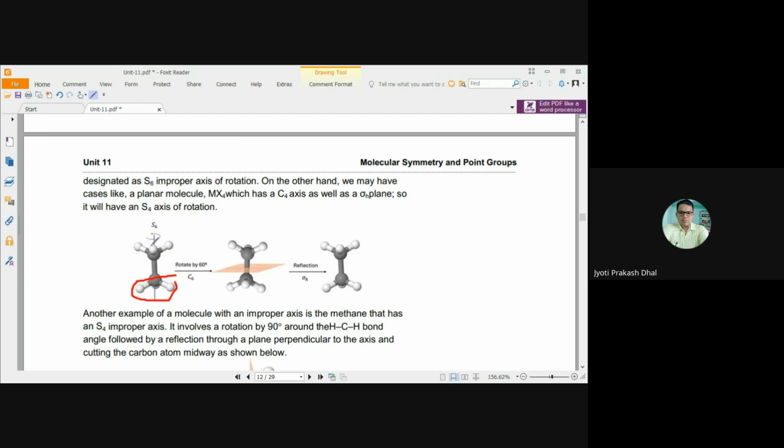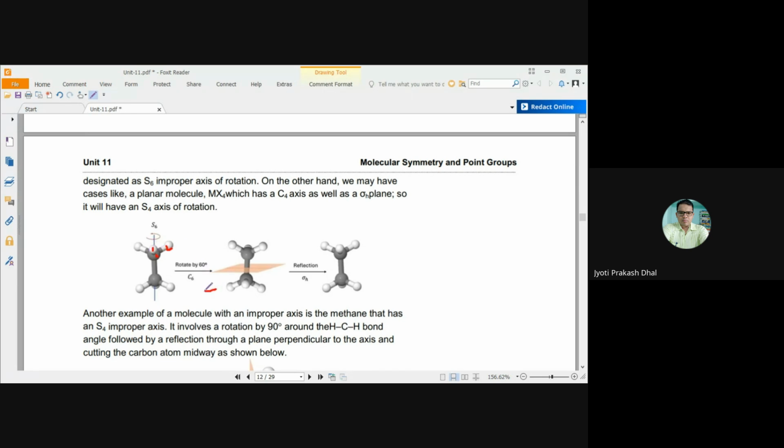In the staggered configuration, if we rotate the molecule through 60 degrees, the configuration will become like this. This hydrogen atom will move to this position by 60 degrees, and the bond angle for hydrogen, carbon and hydrogen is 120 degrees. That means the hydrogen atom moved to the middle position.